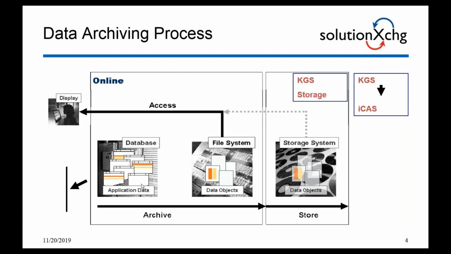What they do is they look within the database and target the tables that support that particular document. So the same way that data gets written into the database originally, it's the same way that it gets pulled out of the database. So the first step in any process, based on your selection criteria and your variant within the archive program, is to determine what data you're targeting.